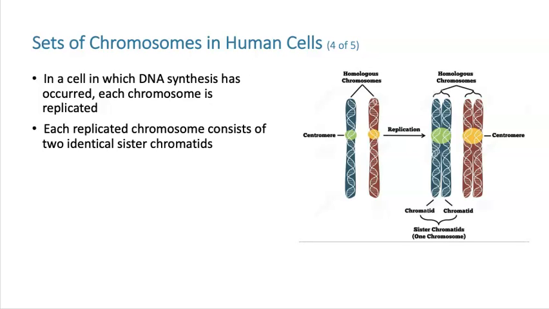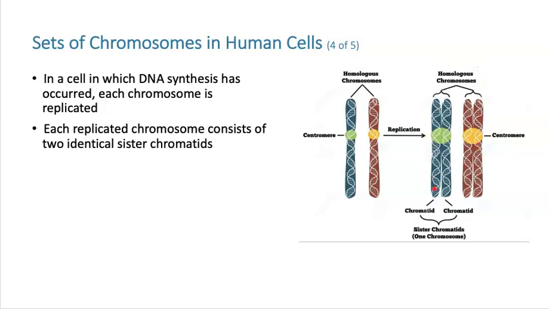In a cell where DNA synthesis has occurred, each of those homologous chromosomes is replicated. So we have here 2 homologous chromosomes, and when they undergo replication, each one of those has a little bit of an X shape to it. Again, don't confuse X shape with X chromosome. Very different things. And each of them has undergone that replication.